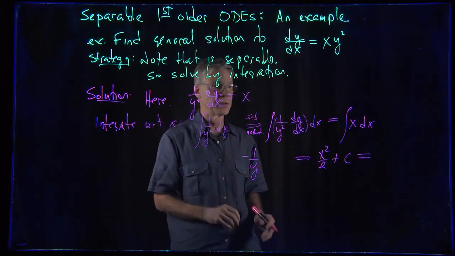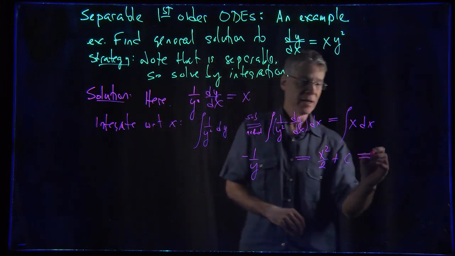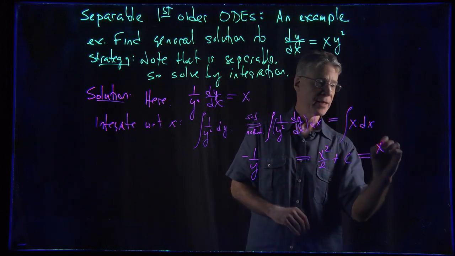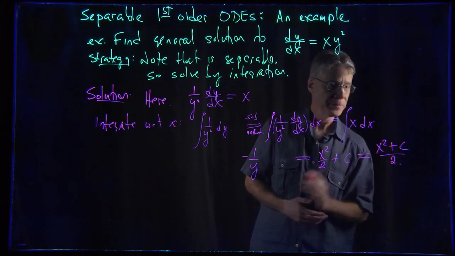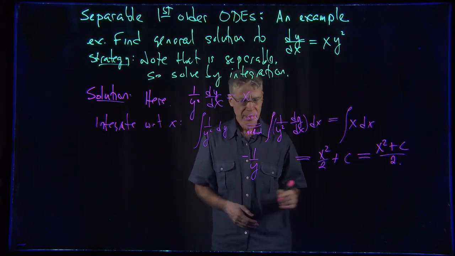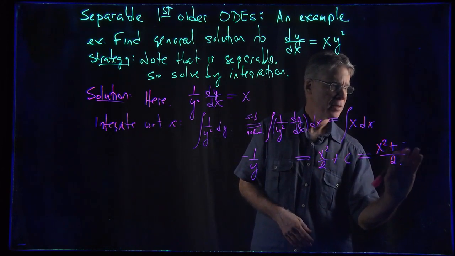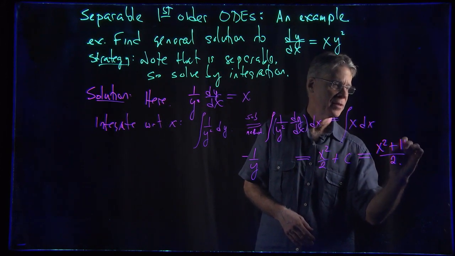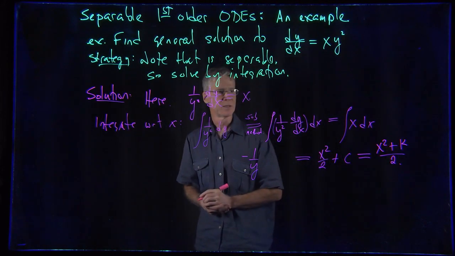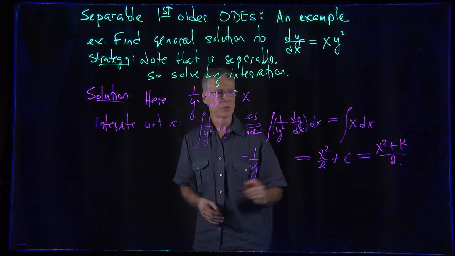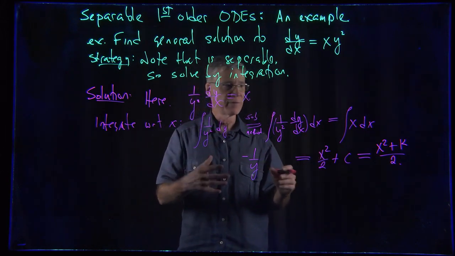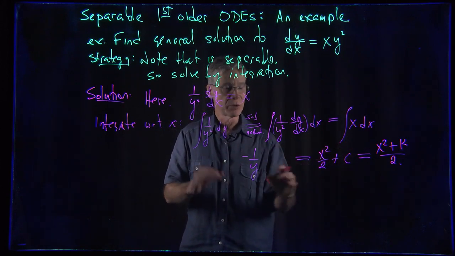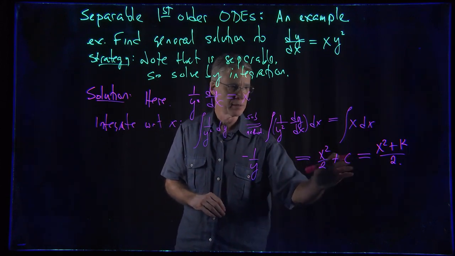There are many ways to do this algebraically, but I'm just going to write this in a slightly different form as x squared plus c over 2. Well, we need to be careful because that's actually a different constant. So I'll make that a different constant: x squared plus k over 2. It doesn't really matter, but until you know what you're doing very confidently, it's best to keep track of all of your constants.